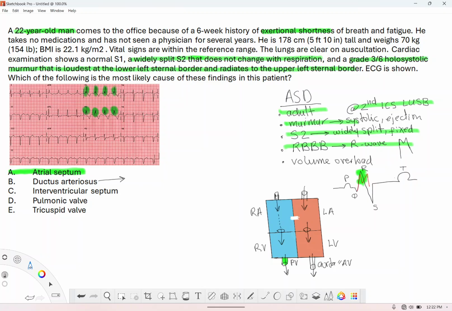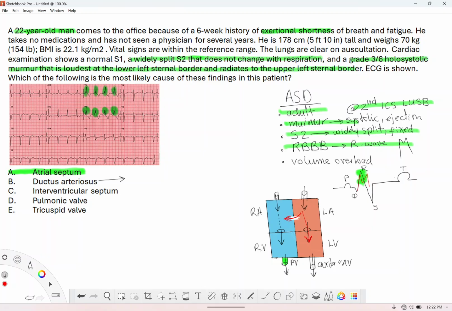If that's the hole, then the issue here is as blood comes to the left atrium, some of it is going to leave this way, and some of it will go through the left ventricle, and some will go to the right atrium.